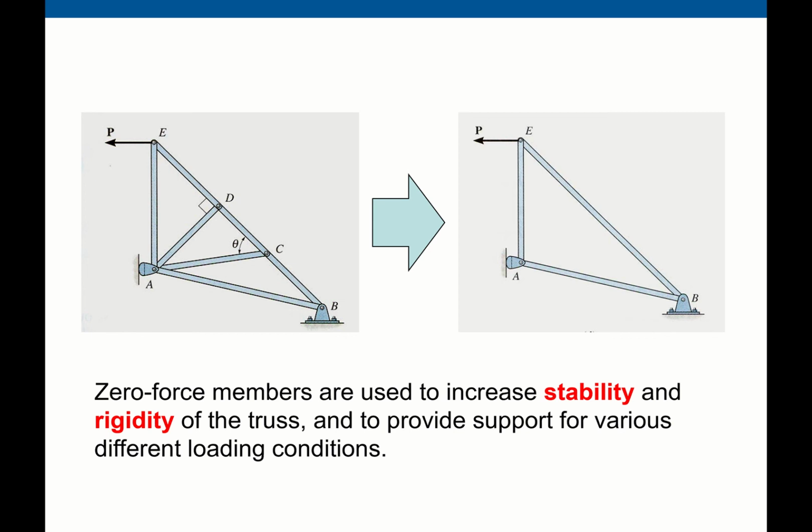We don't know how much wind can blow, it depends on nature. So even though there are no forces associated with the zero force member, it increases the stability for uncertain cases. It provides more rigidity of the truss against uncertain situations. So that's the reason why we add these zero force members in the truss.